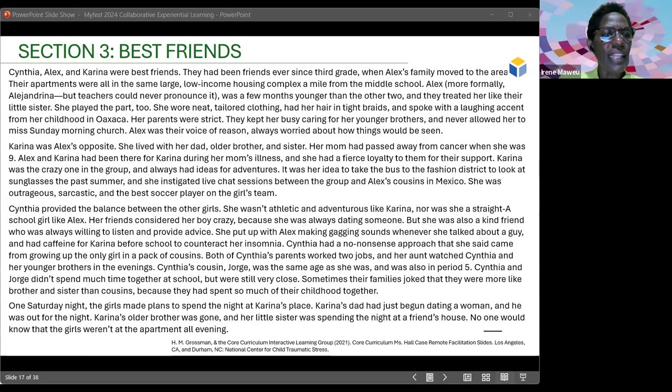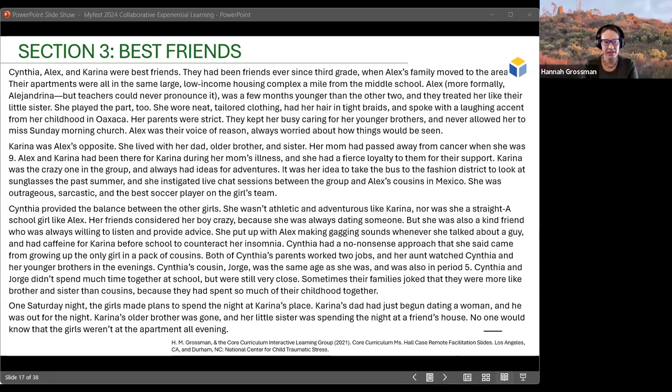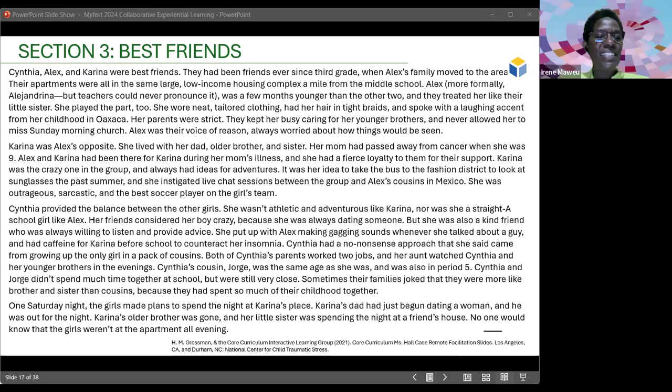Okay, Cynthia, Alex, and Karina were best friends. They had been friends ever since 3rd grade, when Alex's family moved to the area. The apartments were all in the same large, low-income housing complex a mile from a middle school. Alex, more formally Alejandrina, but teachers could never pronounce it, was a few months younger than the other two, and they treated her like their little sister.